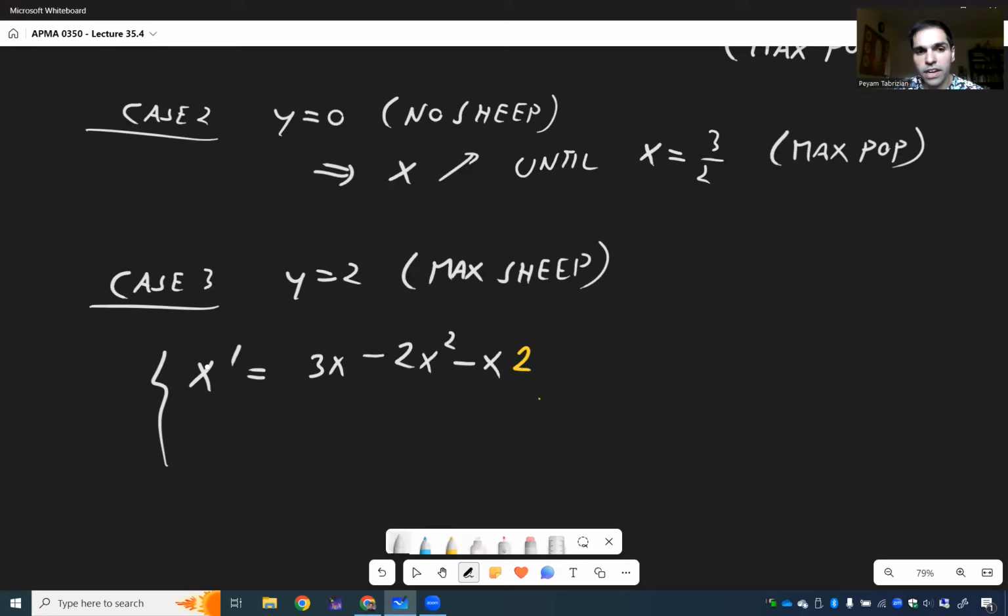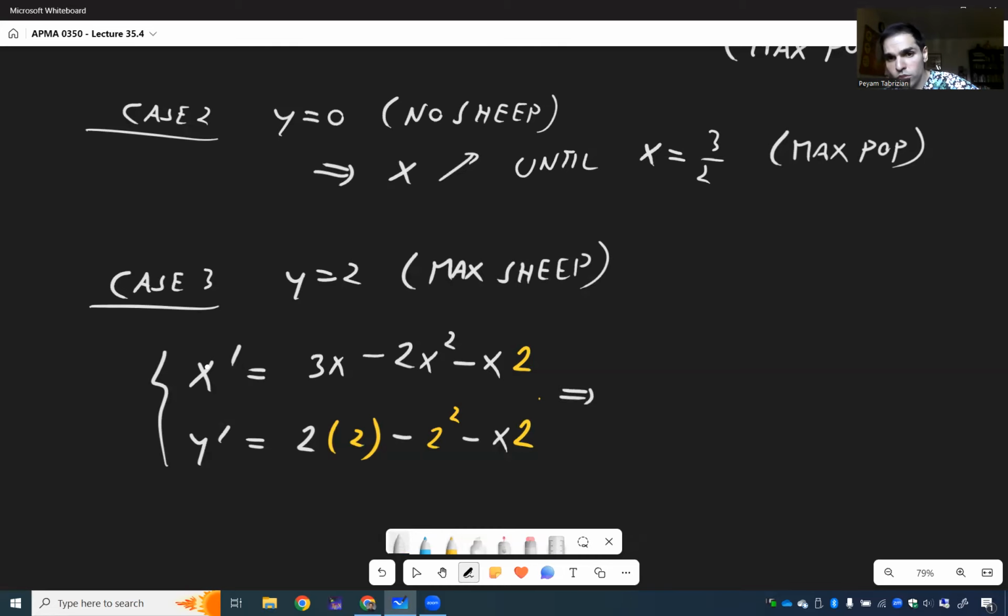Again, minus xy, and then y prime is 2y, so 2 times 2, minus y squared, so minus 2 squared, minus x times 2.